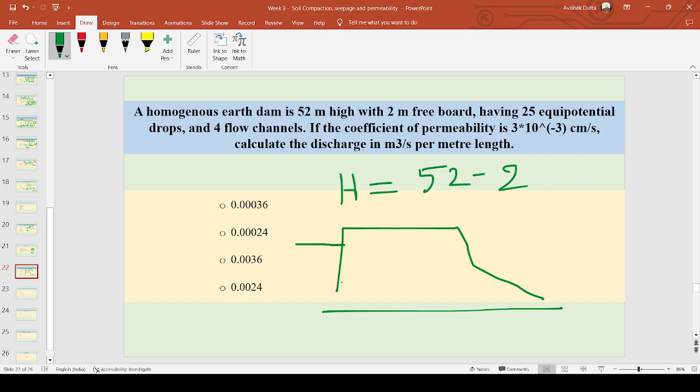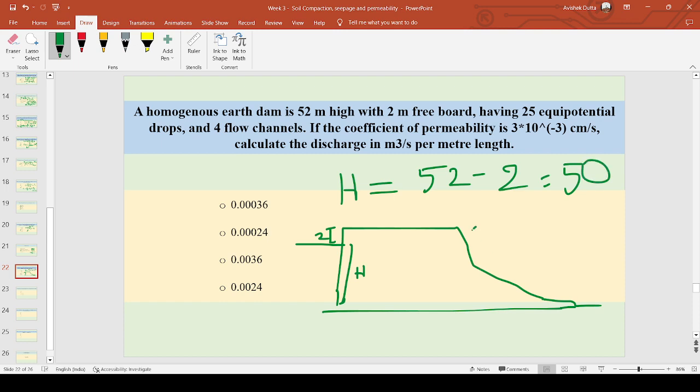This is the water level. There is no water on the downstream side. This is 52, the entire height, and this is 2 meter. So the actual head, that is H, is the level of water on the upstream side. This is 50.